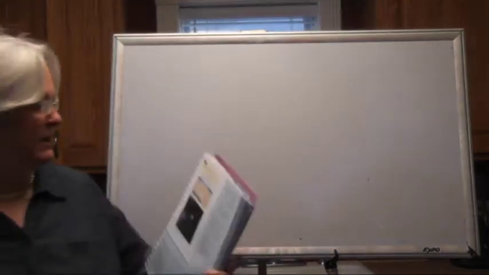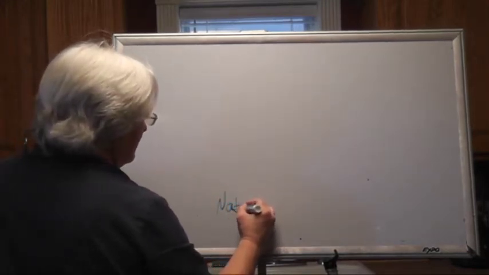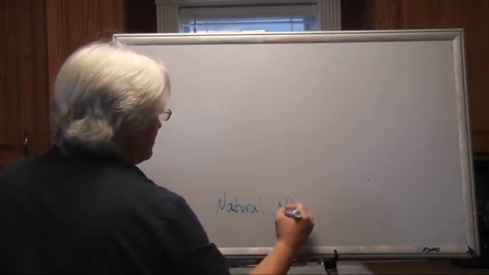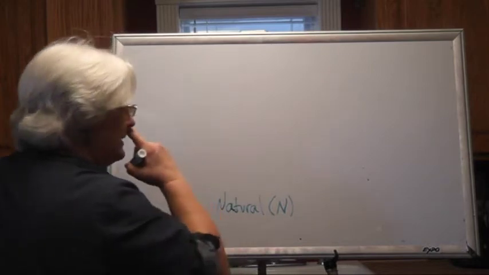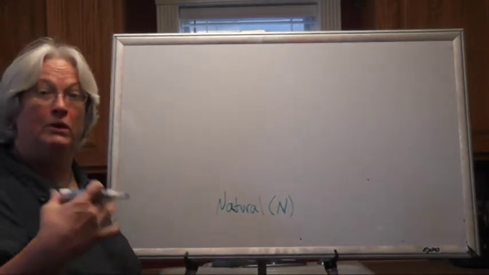So let's go ahead and work backwards with the types of numbers, definitions of numbers that we have. First we have natural numbers. And natural numbers can be expressed just by using an N. Natural numbers are the numbers that we learn to count with.